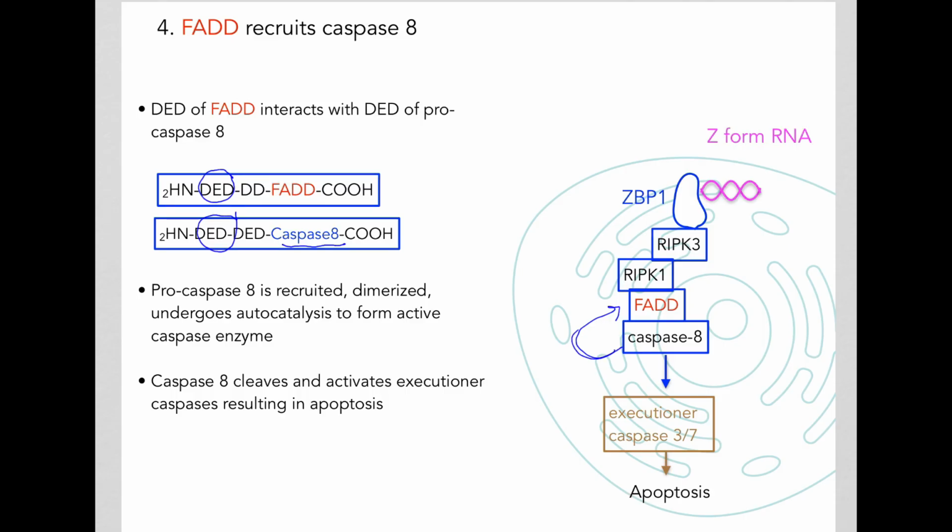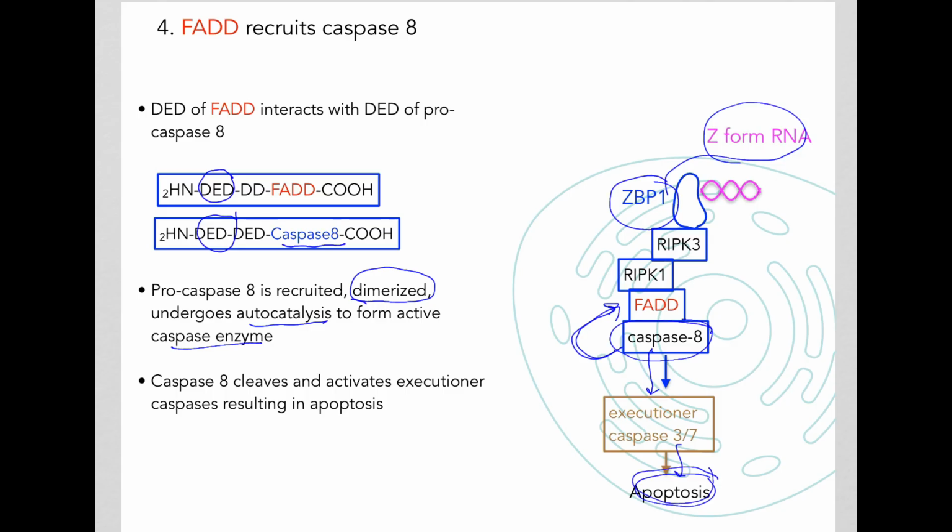So this recruitment of caspase will result in its dimerization, autocatalysis to form the active caspase enzyme, and now this active caspase 8 enzyme will cleave the executioner caspases, which will then lead to apoptosis.